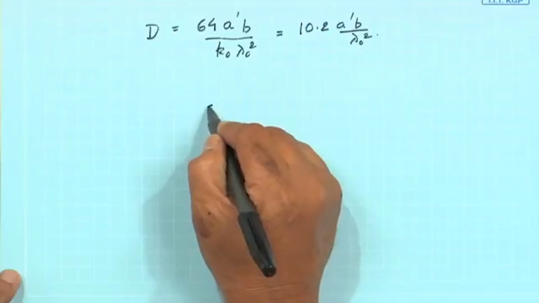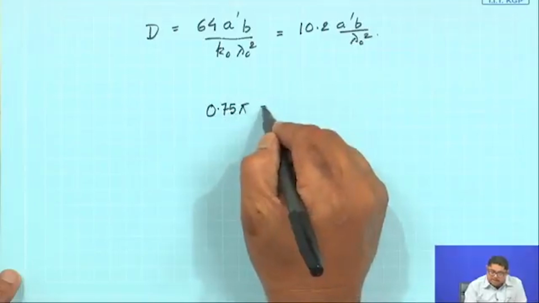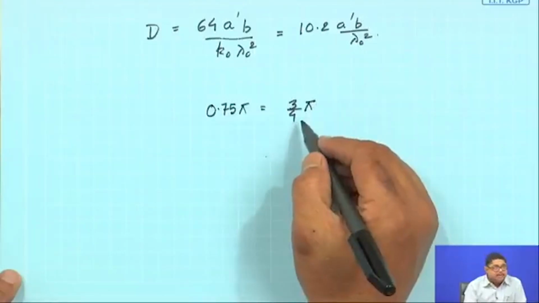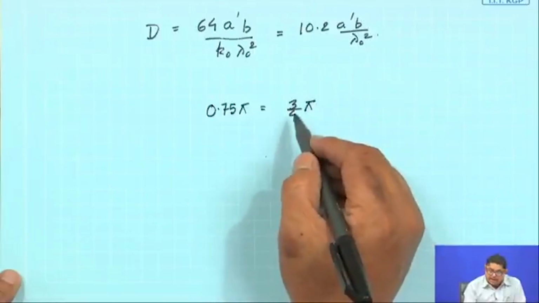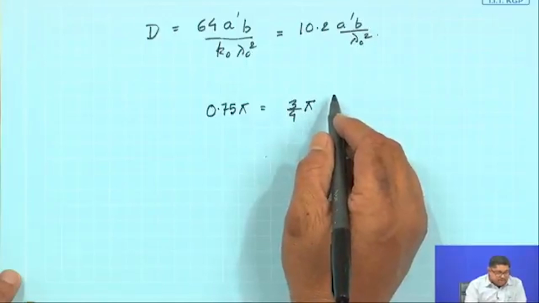People have analyzed this and found that the maximum gain is obtained by increasing the aperture a dashed until a phase error of 0.75 pi, that means 3 by 4 pi. Earlier we said pi by 4, now we are saying 3 by 4 pi; up to that you can go.